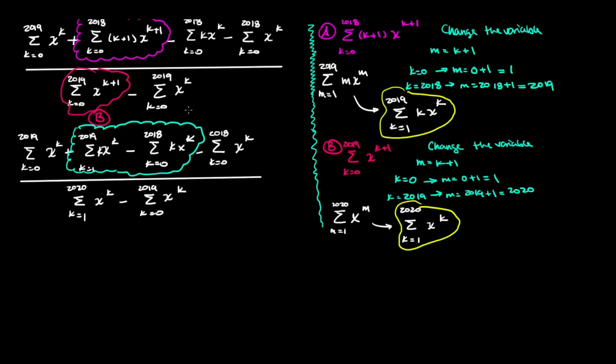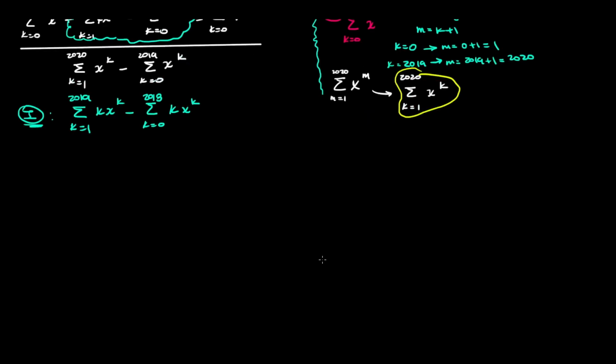We call this part 1. So what happened with 1? Part 1 would be summation from k equals 1 to 2019 of k x to the k, minus summation from k equals 0 to 2018 of k x to the k. As you can see, we have different limits on this. There is an easy way to solve this problem, which is drawing.